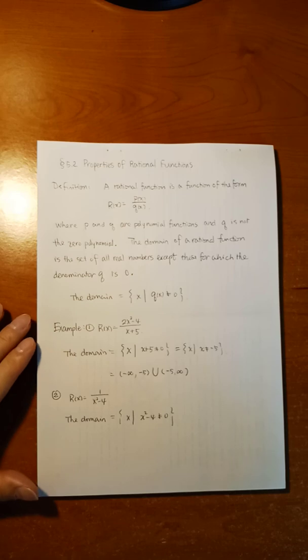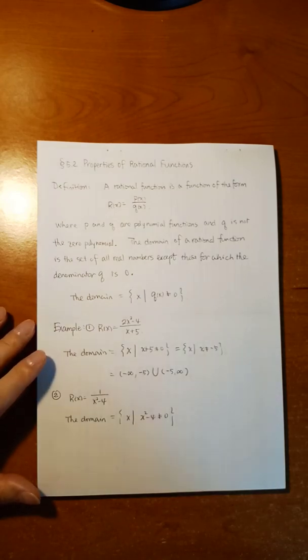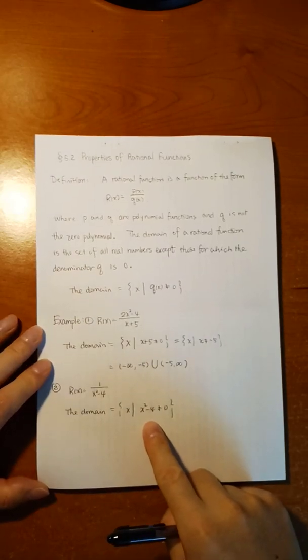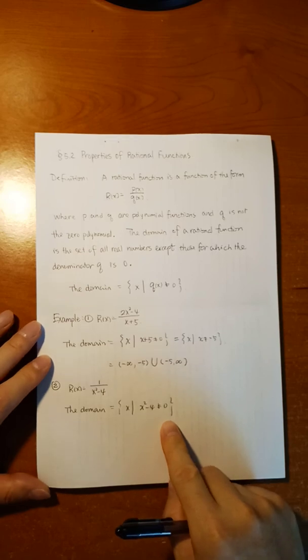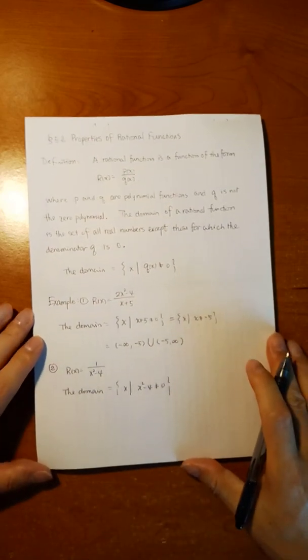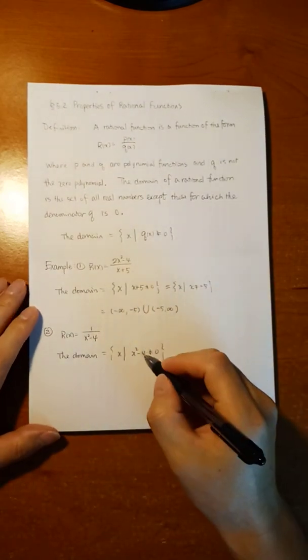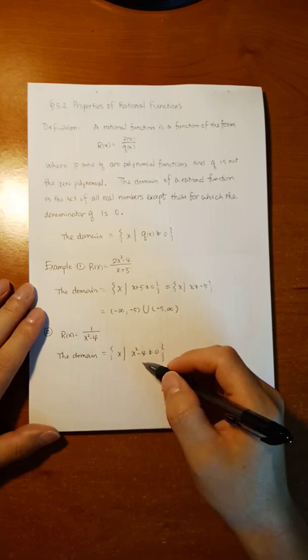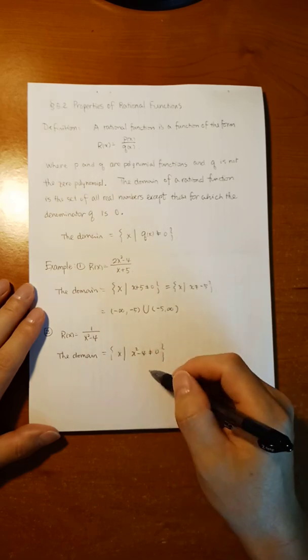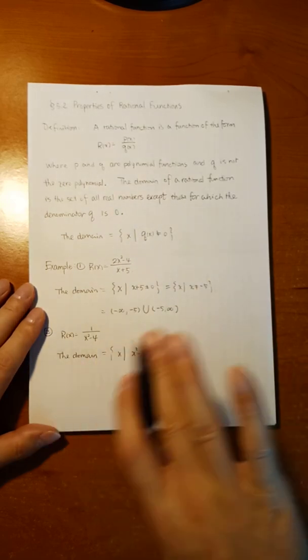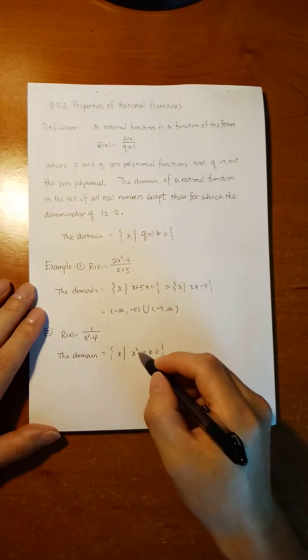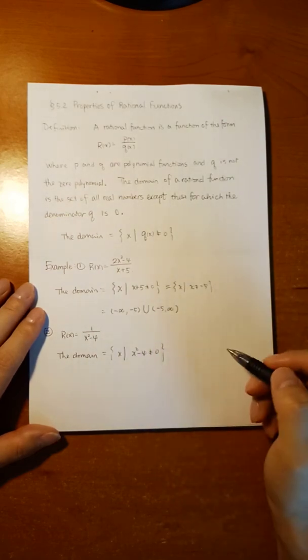The domain is the set of all real numbers except those for which x squared minus 4 is equal to 0. So in order to find the domain, we find the solutions and except them. We find the points that make it 0.